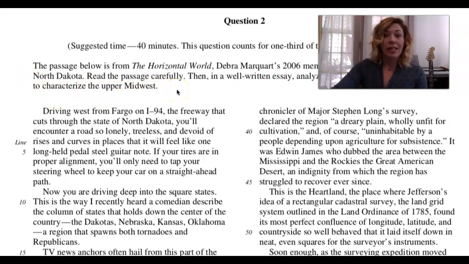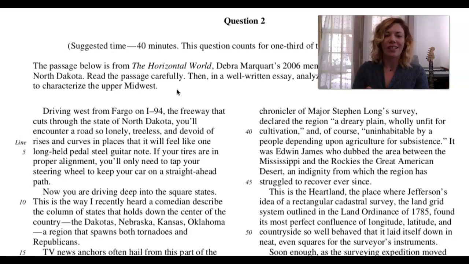So this is the author's purpose as designated in the prompt. So the author's purpose then is to characterize the upper Midwest. So to show the character of a place. And you need to decide the strategies she uses to do that.